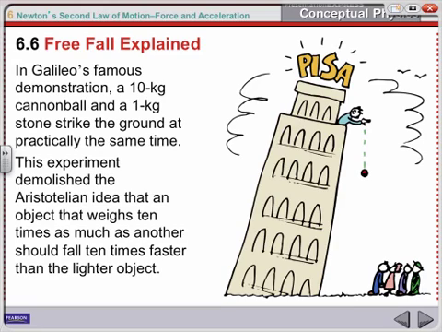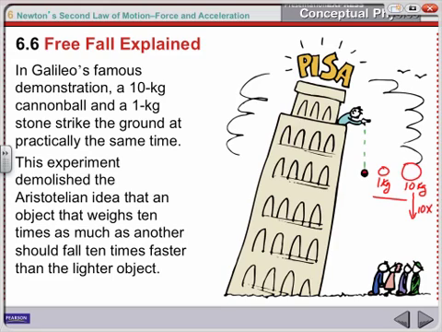But the truth of the matter is, what they're trying to show you here is if you dropped a 1 kilogram object and a 10 kilogram object from that height, originally Aristotle said the heavier one would fall 10 times faster than the 1 kilogram object. Well, obviously, that's not the way it works.